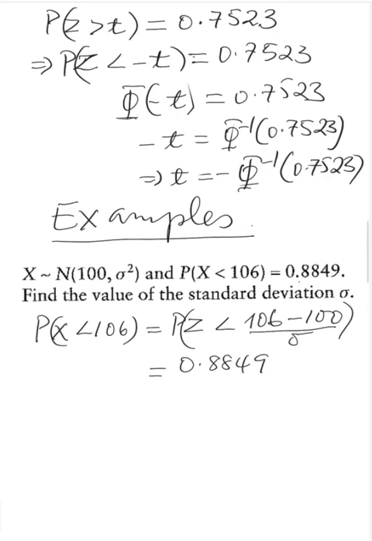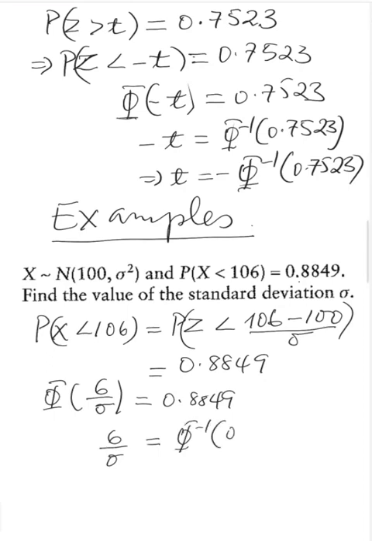So p of z less than 106 minus 100 all over sigma is the area to the left of z, and it corresponds to phi. And since the area to the left is greater than 0.5, so we have phi of 106 minus 100, which gives 6, all over sigma equals 0.8849. So that 6 all over sigma should be equal to phi inverse of 0.8849.